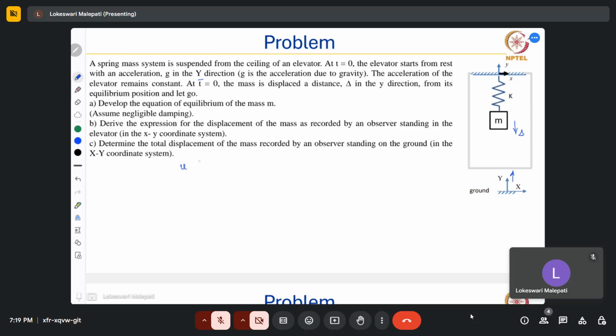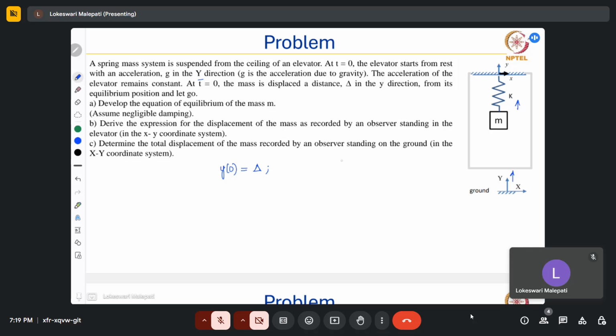They have said that y of 0 is equal to delta. So in this direction, they have given a displacement because this is the positive direction. And this displacement is with respect to the support to which the spring is attached.